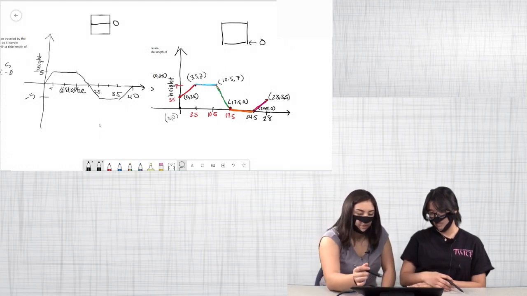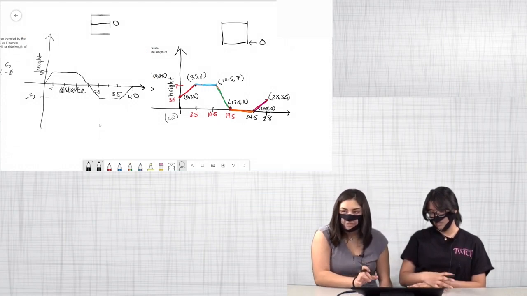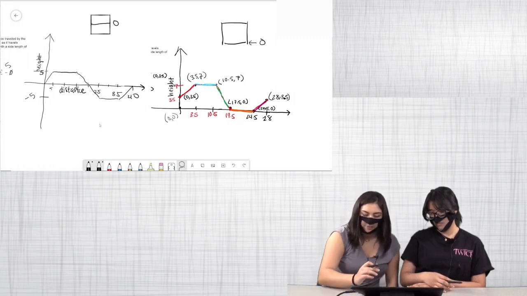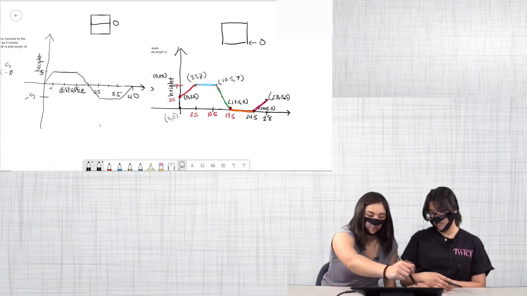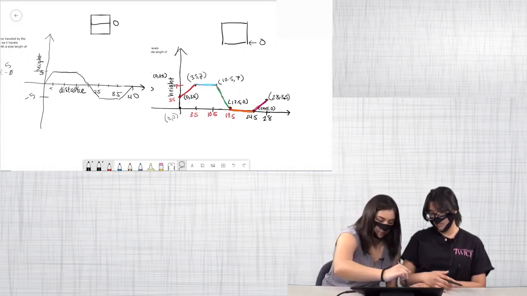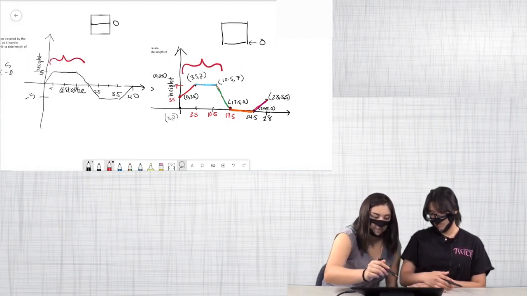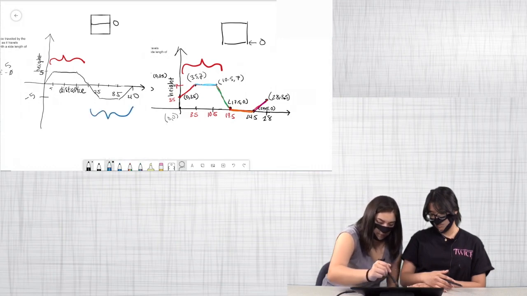Okay. So like we said, when we set our point 0 as the midpoint, the graph is going to be equal on both sides of the x-axis. So this segment right here and this one right here correspond to each other, and this part here and this part here correspond to each other.